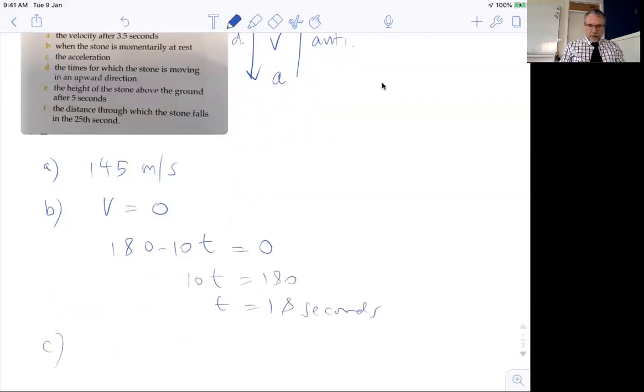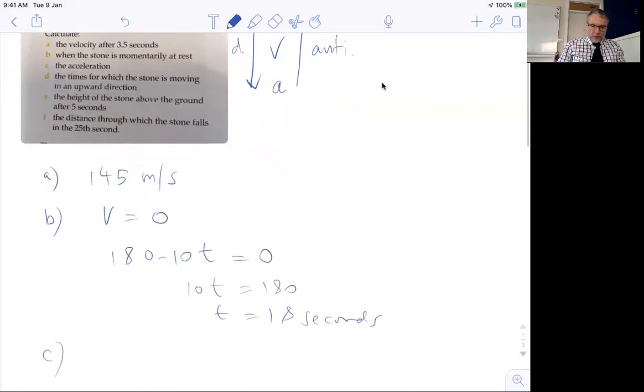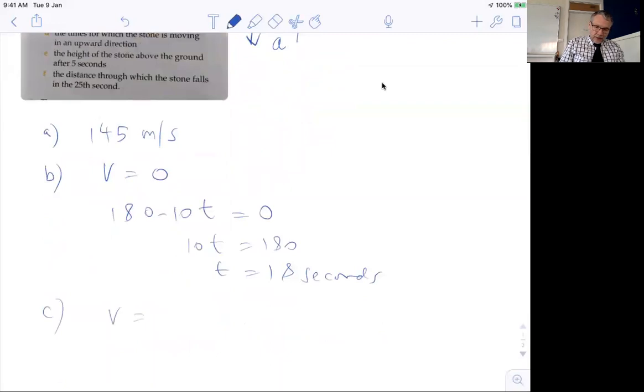C, we would like to know what the acceleration is. The velocity is 180 minus 10t, and therefore if we differentiate that, the answer is -10. That means it's always -10.